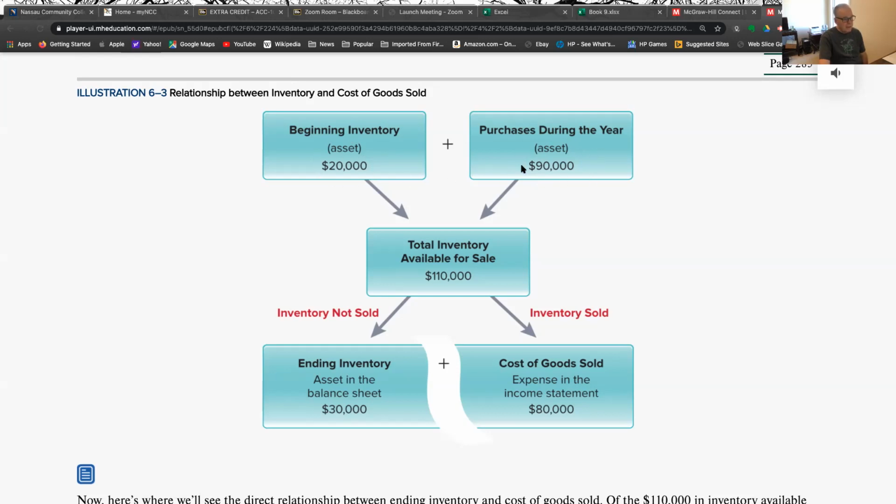And this is activity that took place at various times during the year, not all at once, but it adds up to $90,000. So what did you have available? 20 plus 90 is 110. You had $110,000 worth of merchandise available to sell.